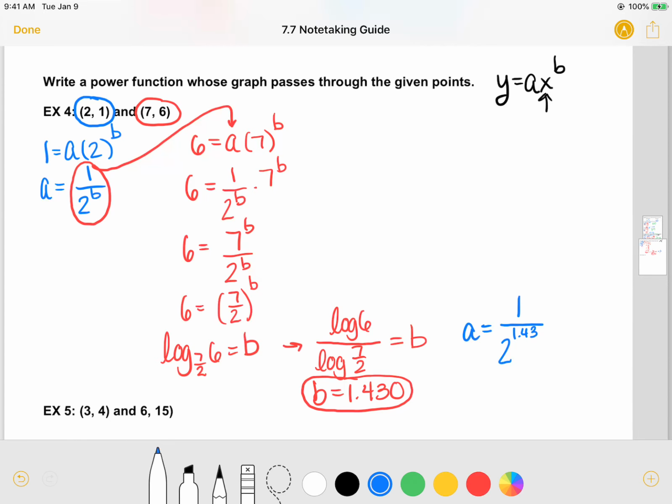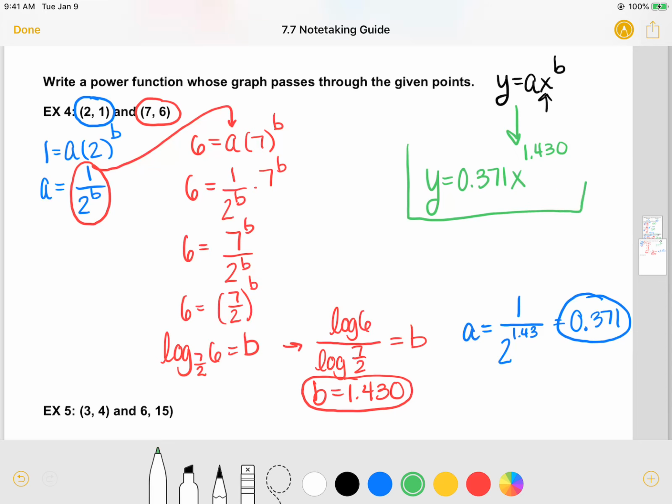So grab your calculator and carefully plug that in, and what you should get out is a value close to 0.371. Okay, so now that we have a and b, we can now write our power function, which is going to be y is equal to 0.371 x raised to the power of 1.430.